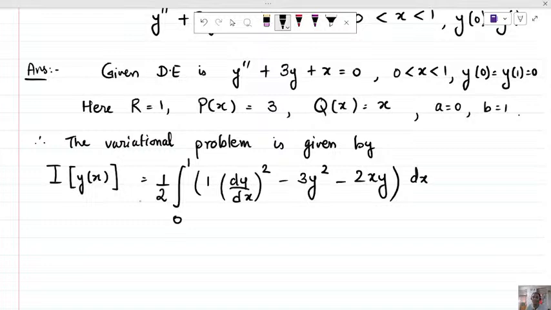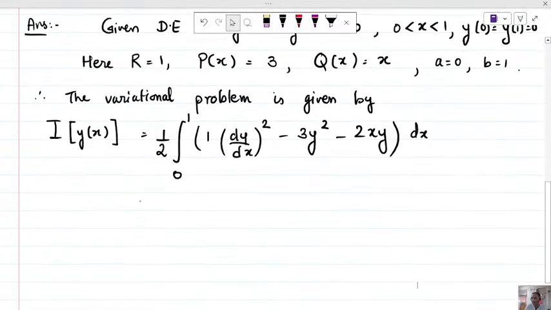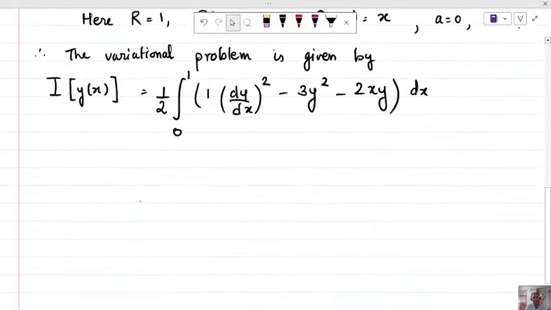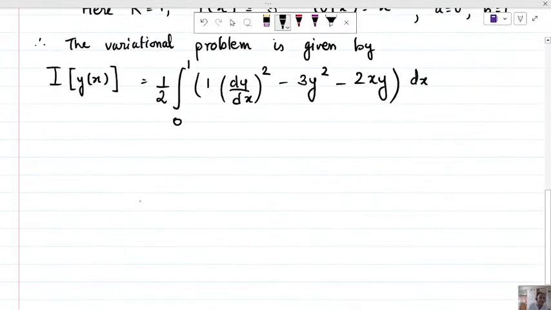Okay, this is how it gets converted. Now what we do is this: we now will need our variational problem to be solved by the Rayleigh-Ritz method. So we first take up an approximate solution over here.